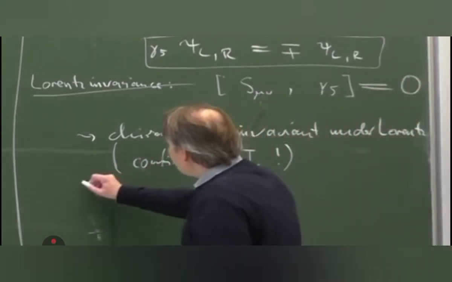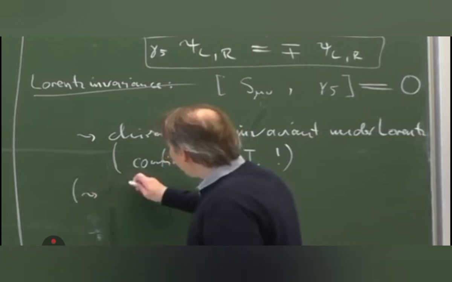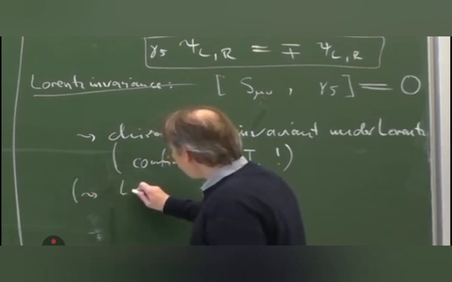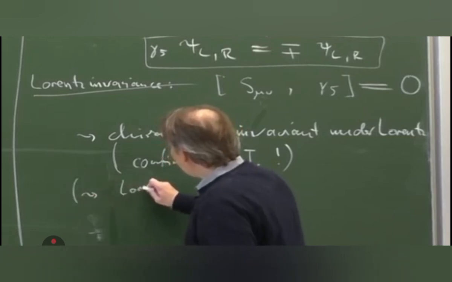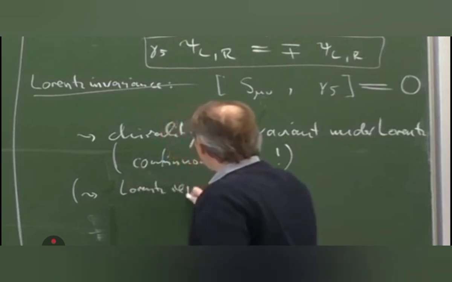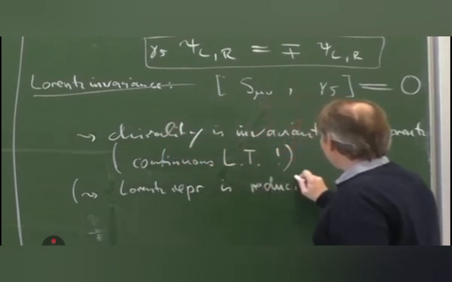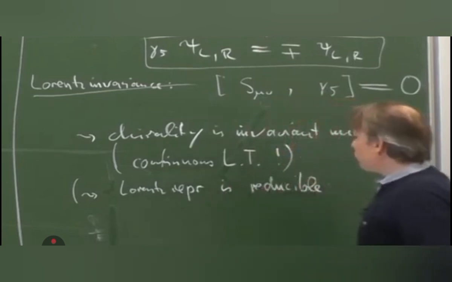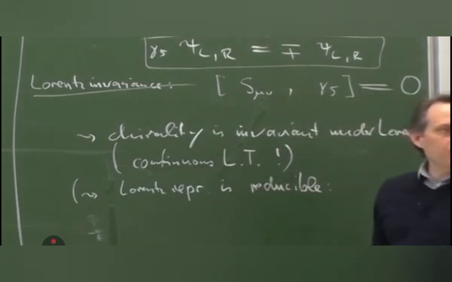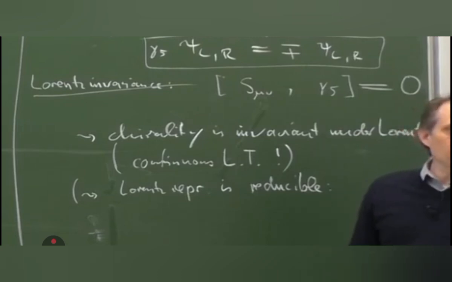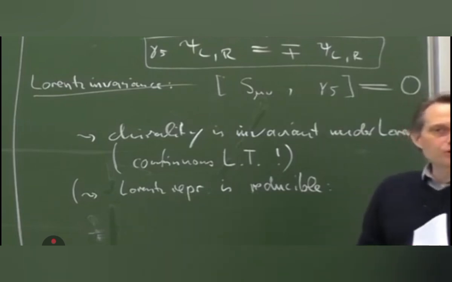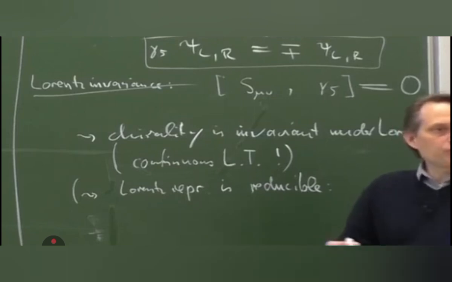So that also means the Lorentz representation is reducible, because there are two invariant subspaces. There is the subspace of spinors with chirality minus 1, which is invariant under Lorentz, and the other subspace of spinors with chirality plus 1, which is also invariant under Lorentz.